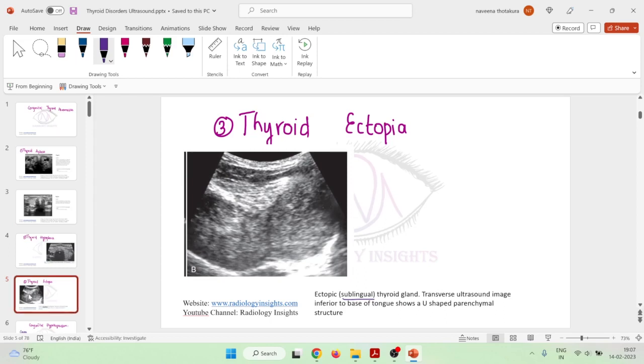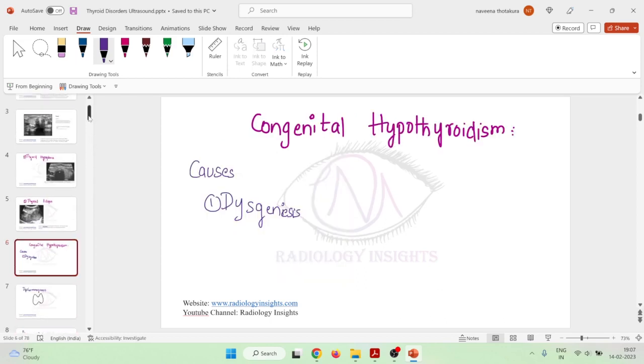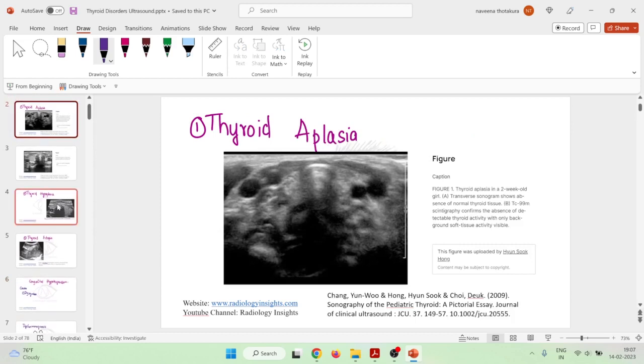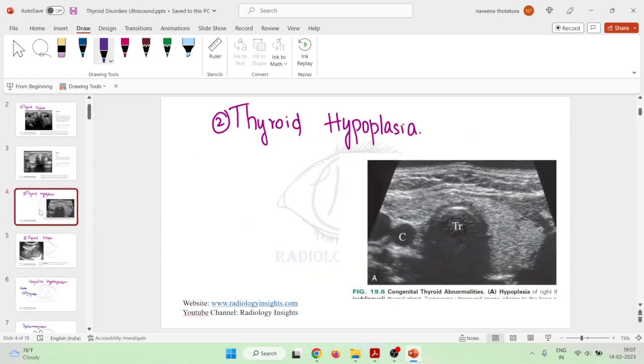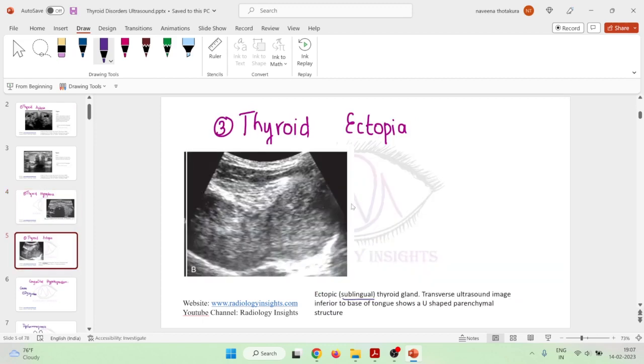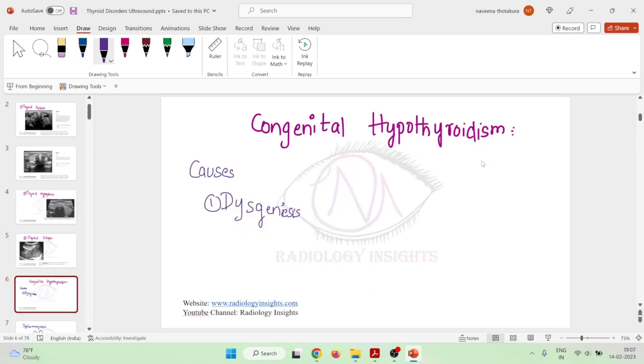In all these cases, whether the thyroid is not formed properly, completely not formed, or a part is formed but a part is not, or if the thyroid is in some other location, one common thing is hypothyroidism. That is, the thyroid gland, whether partly present or absent, is not properly secreting the thyroid hormone which is necessary for the normal functioning of the body.